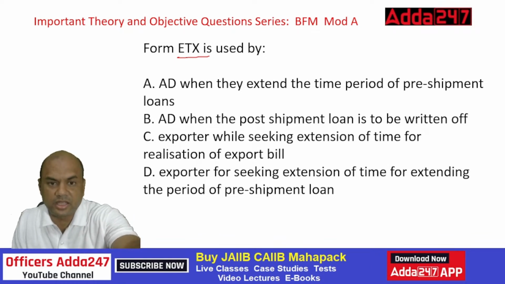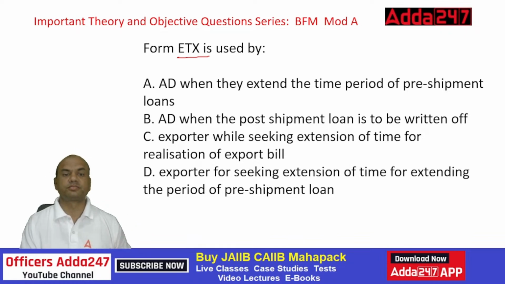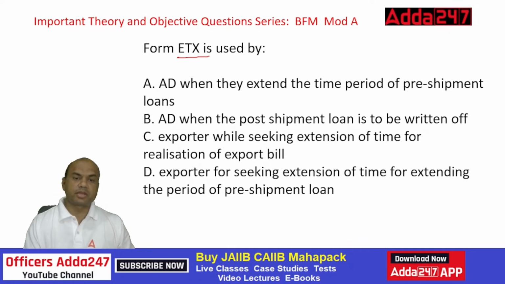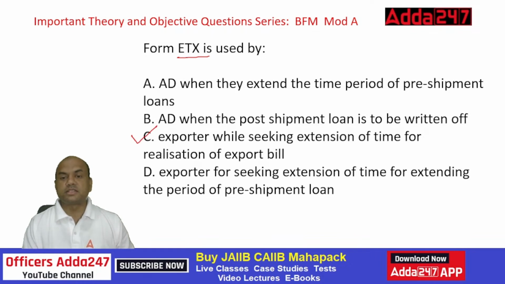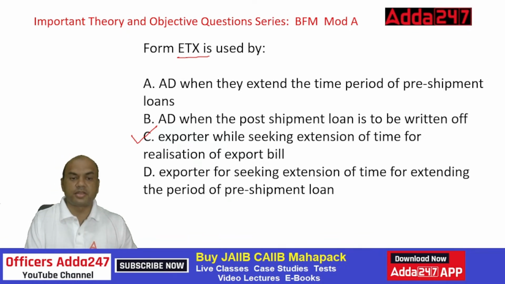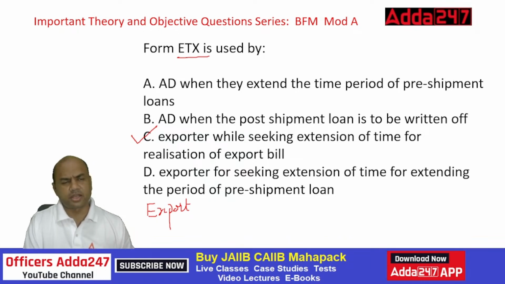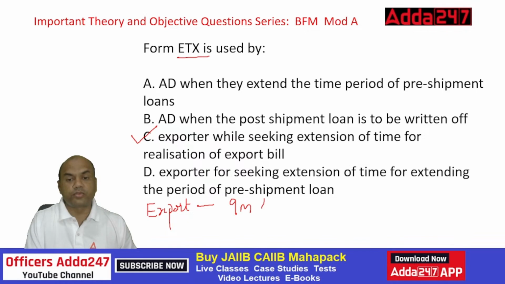Exporter means AD or this exporter? So always remember the answer: this is the extension form, and it is the exporter, while seeking the extension of time for realization of export bill. Now what do you mean by this? Suppose I am the exporter. If I do any exports, I have to get the funds from whichever party it is abroad within the period of 9 months, or up to 15 months.